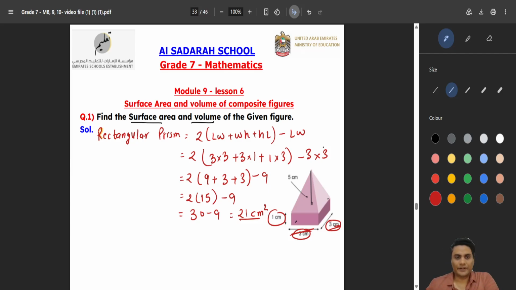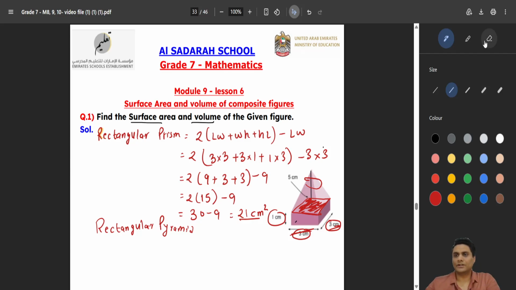Now let us find the surface area of the pyramid. For the pyramid, now we do not have to find the area of this base, the rectangle. Why? Because it is not there, right? We don't need it now. We just need the 4 triangles here.